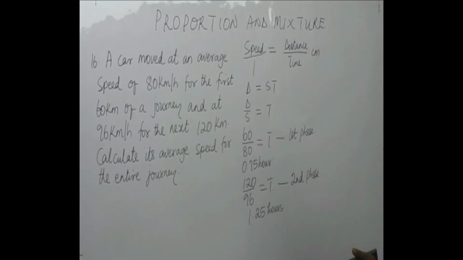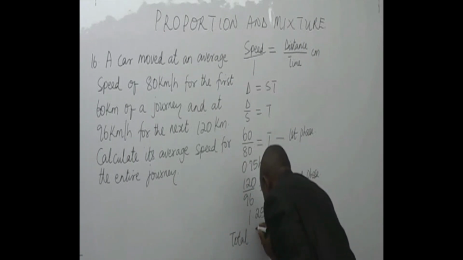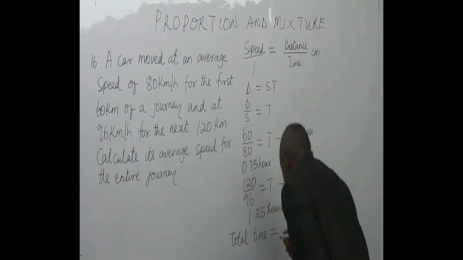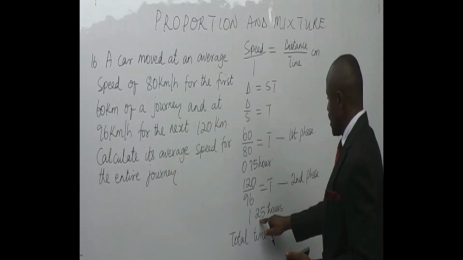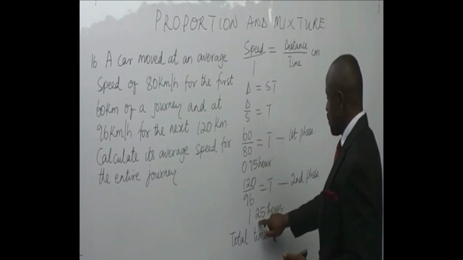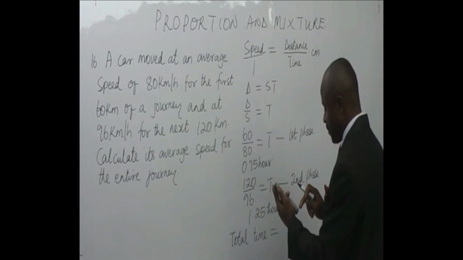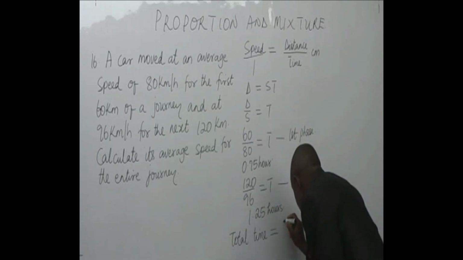Now, total time taken for the journey is this plus this, the time taken for the first phase plus the time taken for the second phase. Let's add 0.75 plus 1.25, giving us 2 hours.